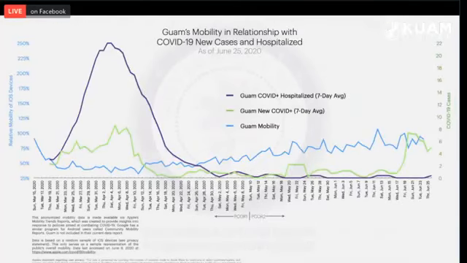When we look at Guam's mobility in relationship to the new cases and the hospitalized, as you can see here in the blue line, our mobility has been steadily increasing, and our case count here in green this time, you can see it jump up in this part of the graph, which is more recent. But the purple is our hospitalization, and it has not gone up substantially.